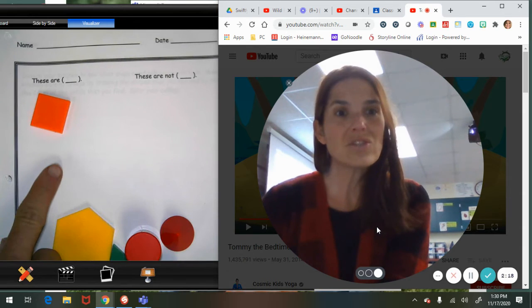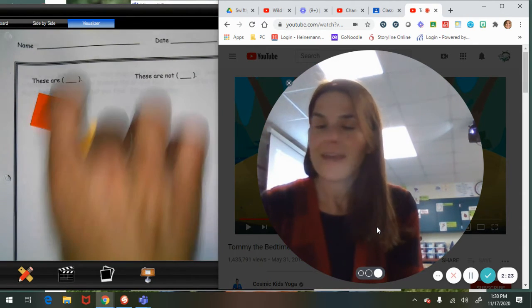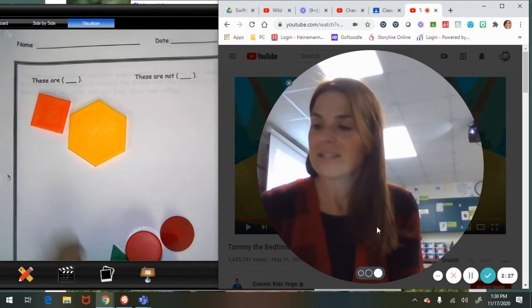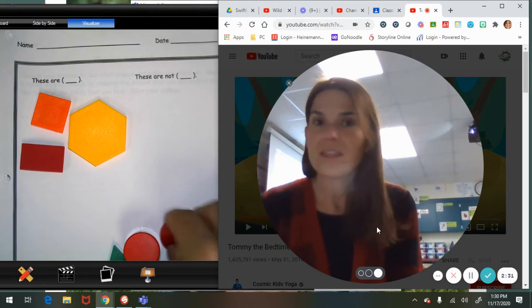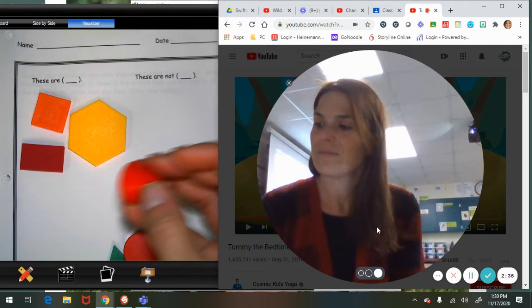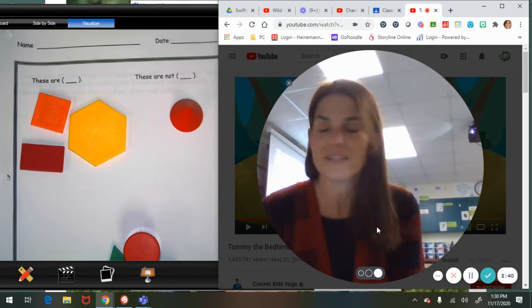The square has straight lines. The hexagon has straight lines. The rectangle has straight lines. The cone, does it have straight lines? No, it doesn't have straight lines, so these are not straight lines.